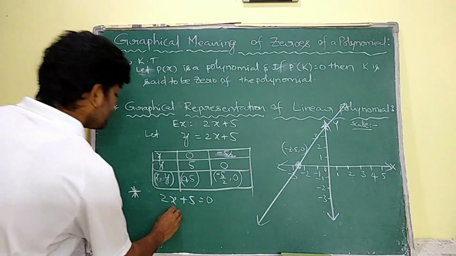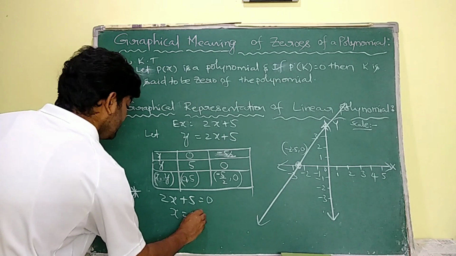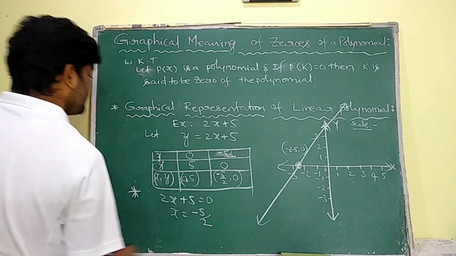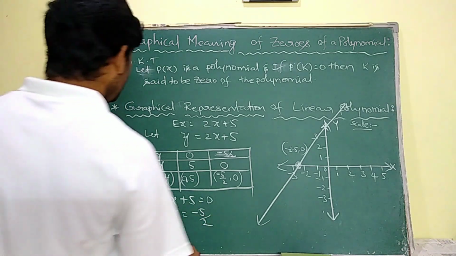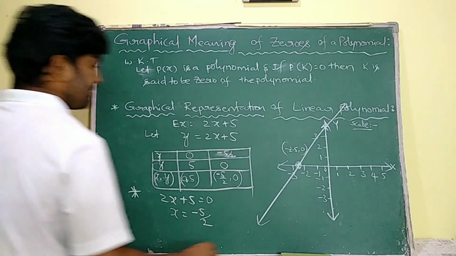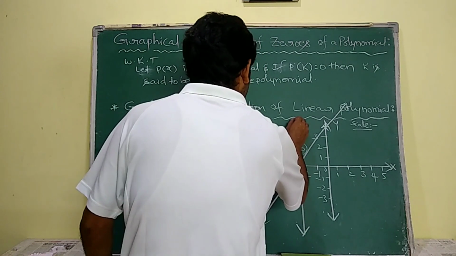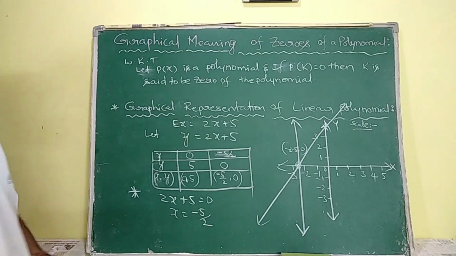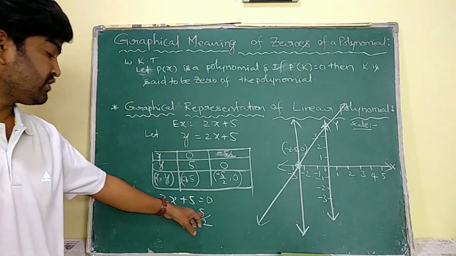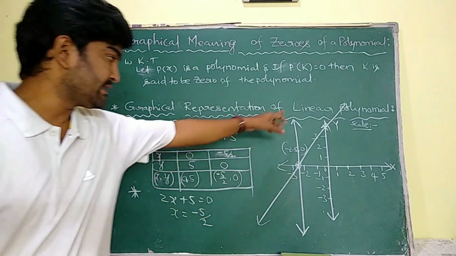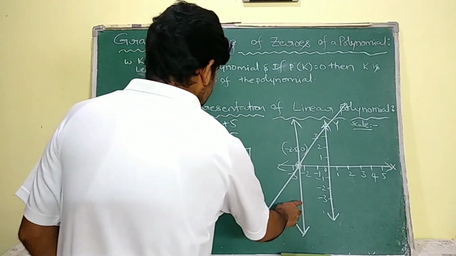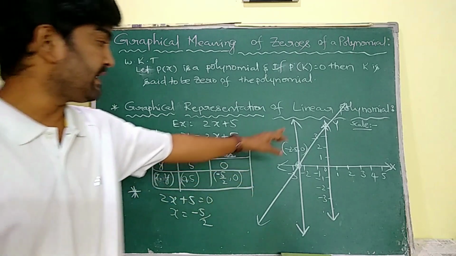So by this you calculate x = -5/2. That means you simply draw its graph as a line at -2.5. So this is the graphical representation of x = -5/2.